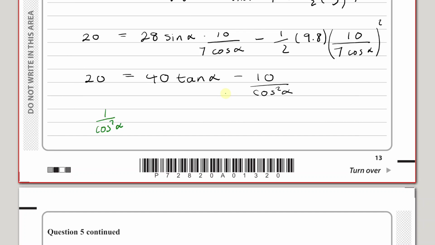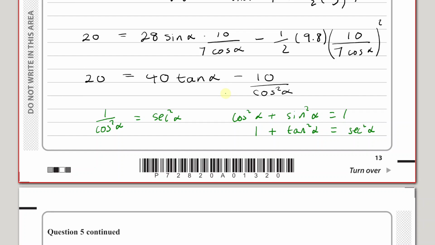1 over cos squared alpha, I can change into sec squared alpha. And then, so it's cos squared alpha plus sine squared alpha equals 1. If I divide through by cos, I get 1 plus tan squared alpha equals sec squared alpha.